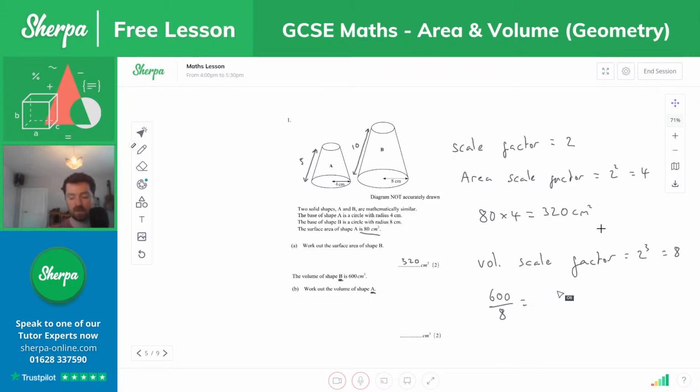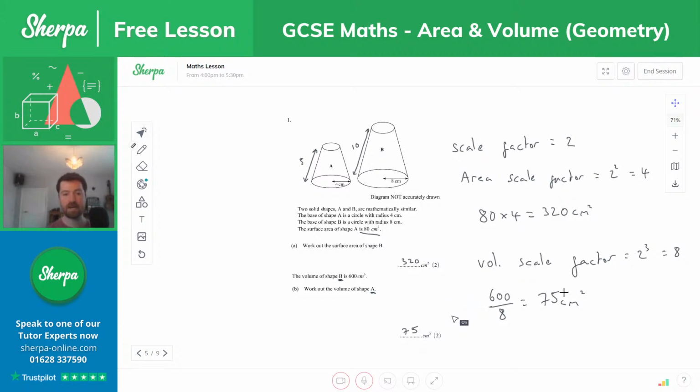I don't want to mess this one up. I'll get my calculator out just to double check. 600 over 8, and we get 75. And again, we're dealing with volume here, so that's going to be centimeters cubed. So that is my answer for part B.